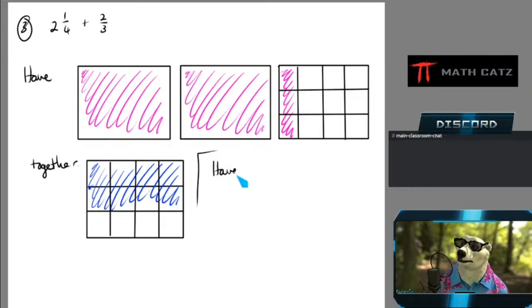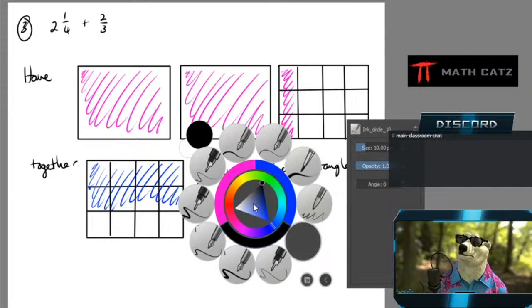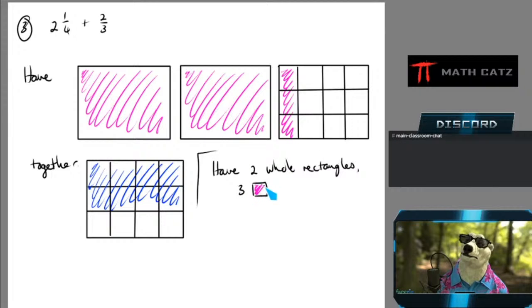I have two whole rectangles and three little pieces that are pink.